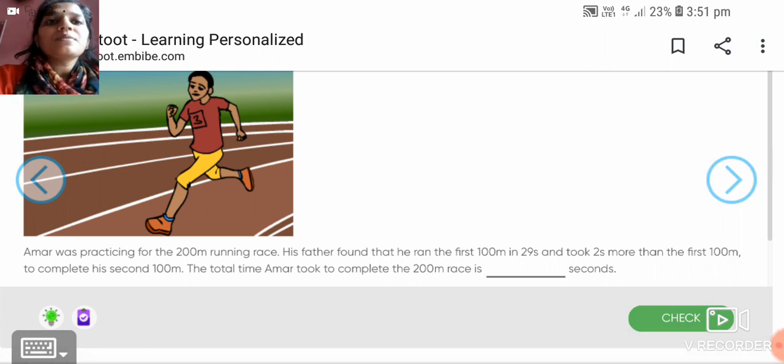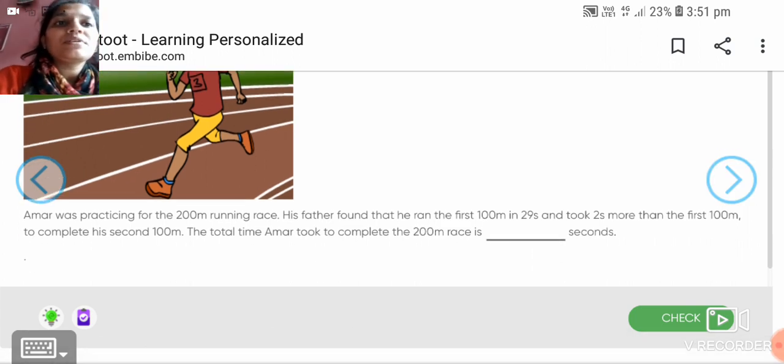The total time Amar took to complete the 200-meter race is dash seconds. Now see, here Amar was practicing for the 200-meter running race, right? And his father found that he ran the first 100-meter in 29 seconds.